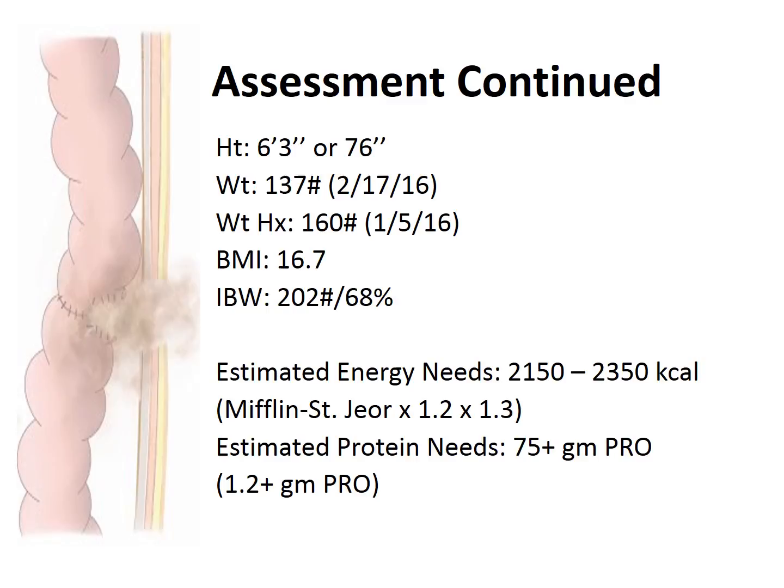So we moved further, noting his height, weight, BMI, ideal body weight, and estimated needs. His height, he was 6 foot 3 inches, or 76 inches. His weight upon this assessment was 137, but it was especially important to note that he had previously weighed 160, and this was only a month previous, and that was during that admission for the pneumonia.